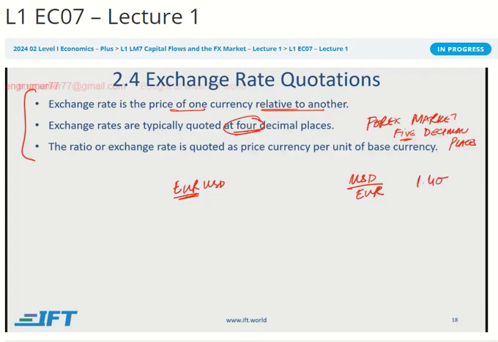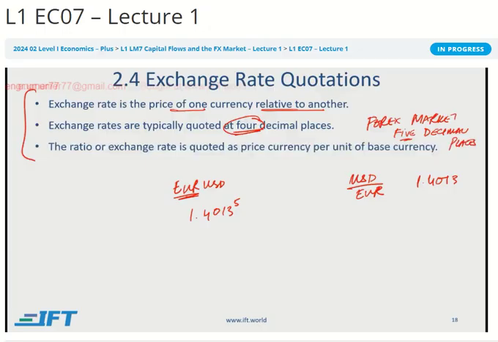And let's say 4 decimal places means something like this, that here you have 4 decimal places, right? 4013. But in the market you will see things like 4013, and then there'll be a small number written at the end, which is basically the 5th decimal place, but they're just writing it in a weird way.